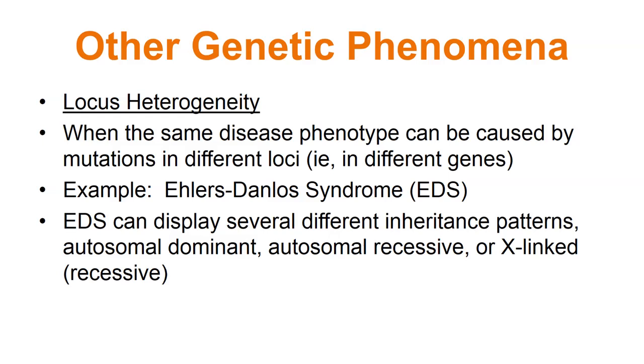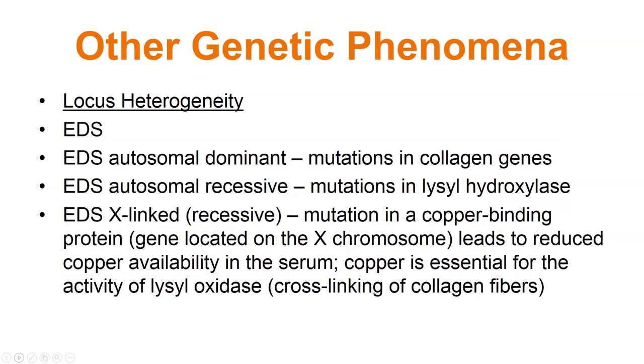So we're talking about diseases where you have a mutation in a completely different gene causing something that's clinically very similar. So how can Ehlers-Danlos, let's just think about autosomal recessive and autosomal dominant, which are things we have seen. Well, there are mutations in certain collagen genes, that's a structural defect. A structural defect would be dominant, right? There are certain mutations in collagen genes which give you symptoms of Ehlers-Danlos.